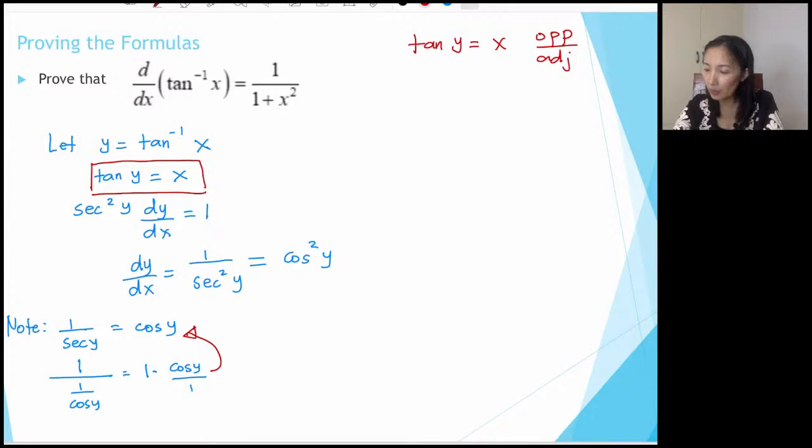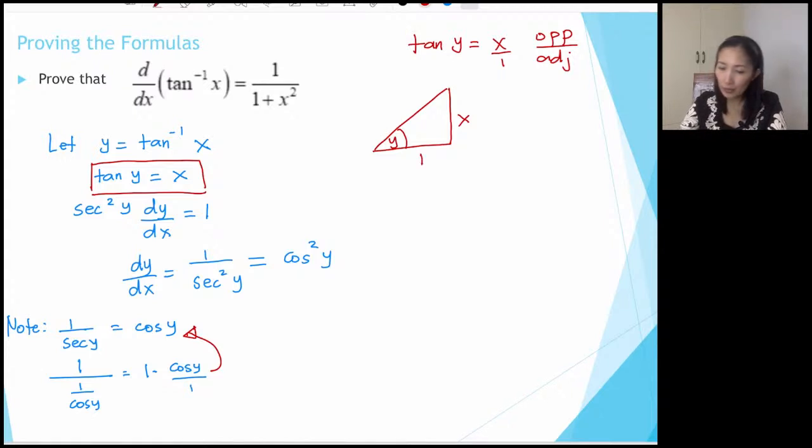In fact, x could be written as x over 1. So let's assume that one of the acute angles of the right triangle is y. Opposite y is x, and adjacent to y is 1.